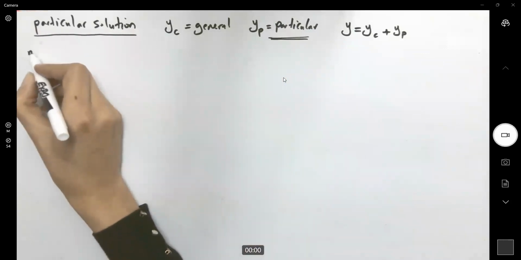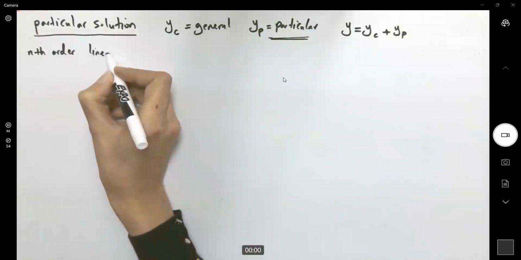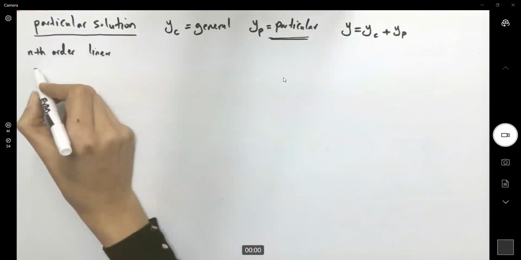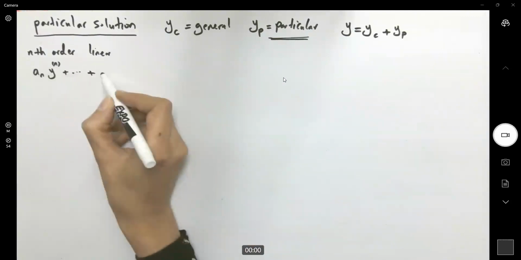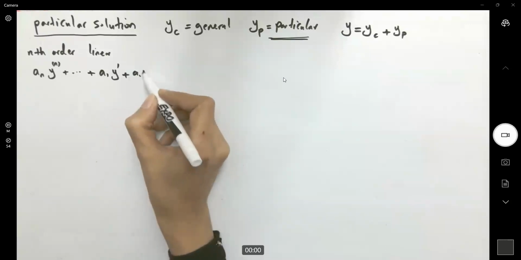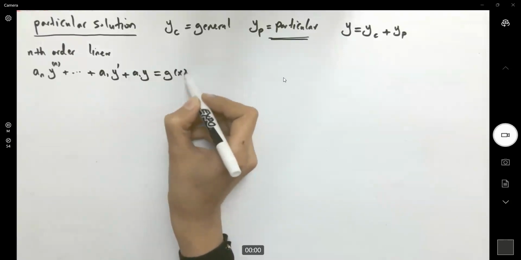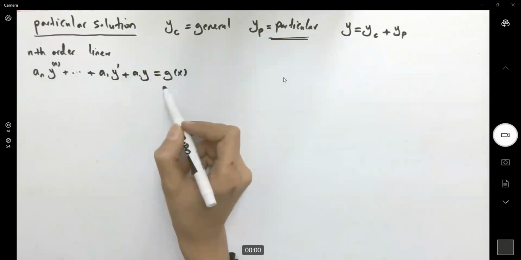If we have an nth order non-homogeneous, linear differential equation like a_n times the nth derivative of y, plus a_1 y prime plus a_0 y equals g of x, so we're dealing with a non-homogeneous differential equation, then based on the definition of g of x, we can form y sub p.